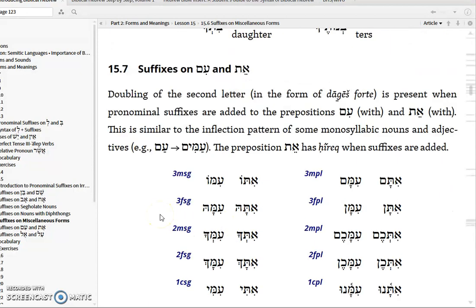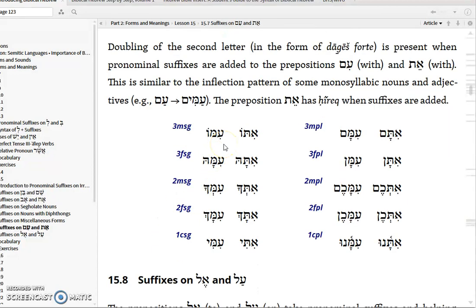And while we're at it, he gives you a chart showing the suffixes on preposition im and preposition et, both of which mean with. So with him is imo, with her is imah, with you is imaka, and with you feminine singular is imach, and then with me is imi.